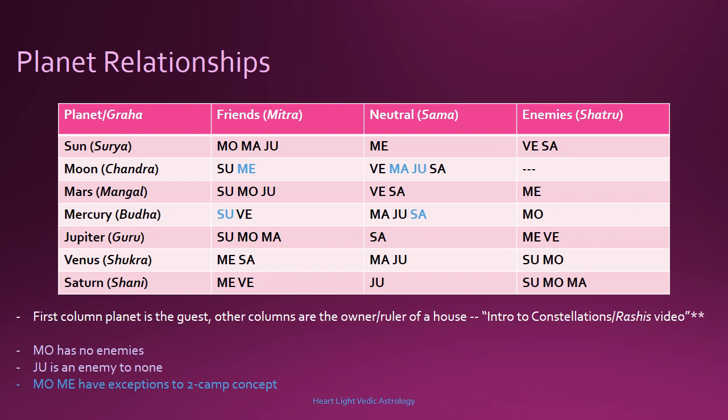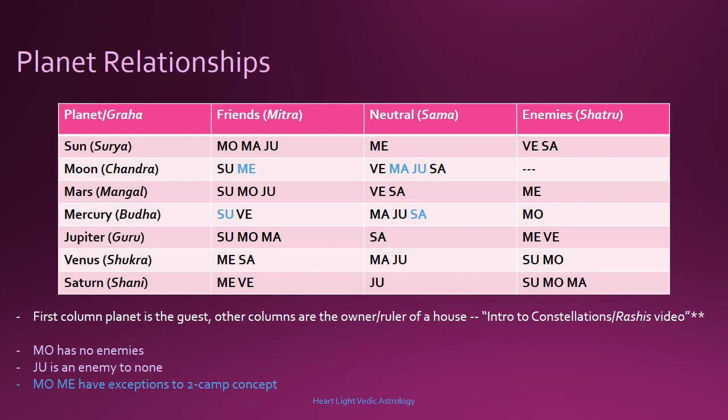So again, remember camp 1 is Sun, Moon, Mars, Jupiter. So the Sun is following that rule. Then the neutral and enemy houses for the Sun are Mercury, Venus, Saturn, which compose the second camp. So the Sun follows along with that.